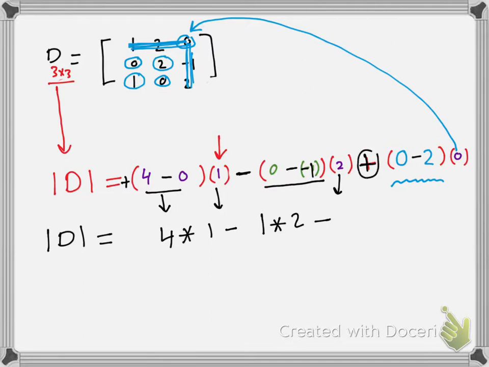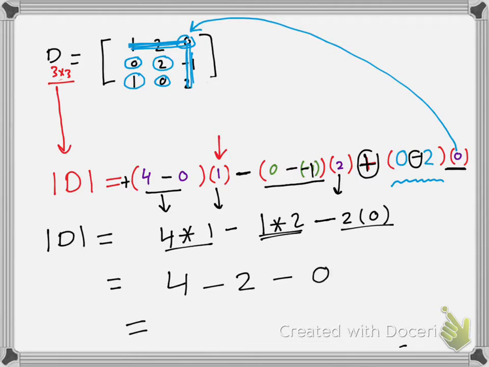When you multiply this plus with this negative, it becomes -2, multiplied finally by 0. Then this is equal to 4 multiplied by 1, which is 4, minus 1 multiplied by 2, which is 2, minus 2 multiplied by 0, which is 0. Then remaining for me is just 4 minus 2, which is only 2.